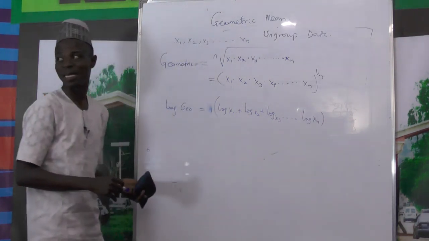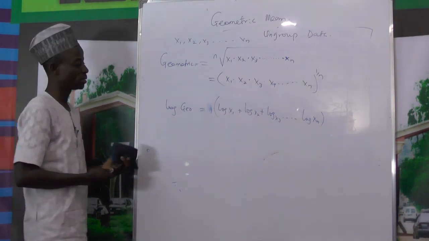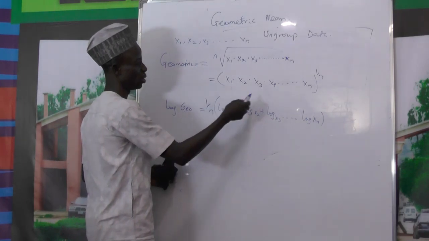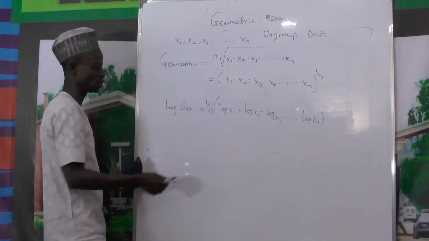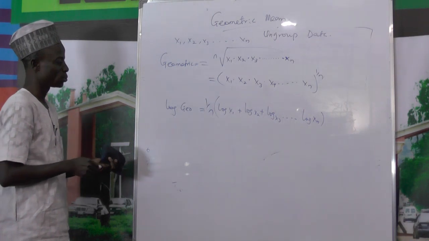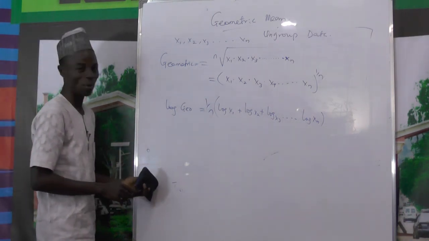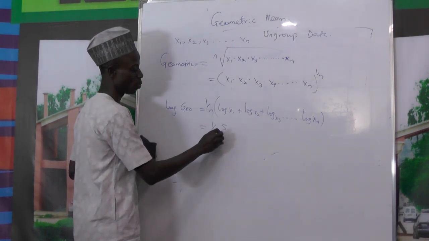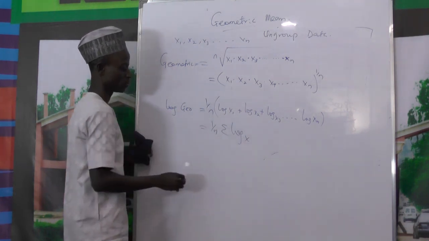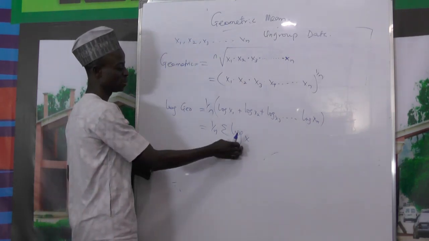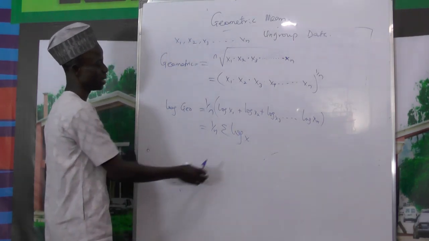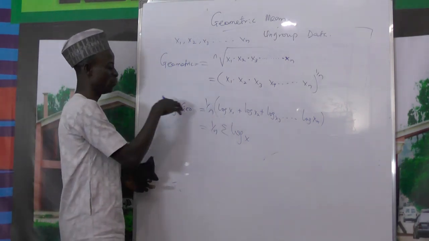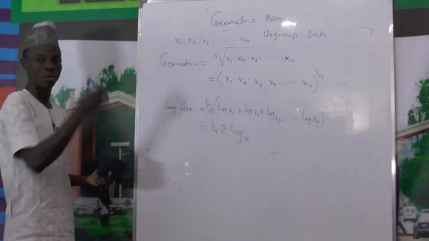And mathematically, because when we are taking the log, the power will come down, then this will be an addition. So in a simple way, this can also be written as 1 over n sum of your log of x. So when we now find this, after finding this in computational method, then you take the antilog of this, it will give you the actual value of your geometric mean.